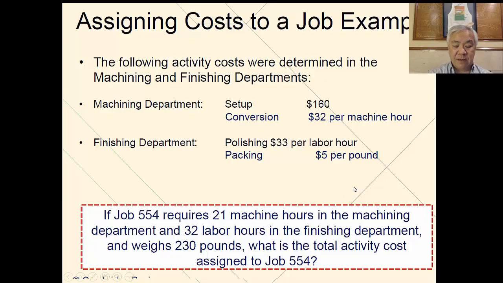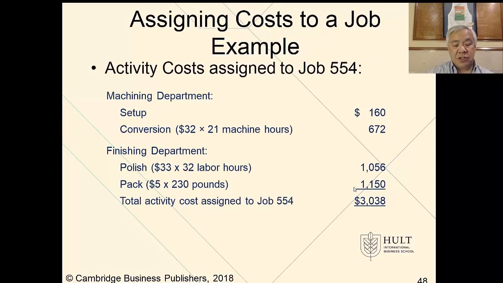And so on the bottom here, we have the further example of a job 554 with 21 machine hours and 32 labor hours for finishing, and the weight of 230 pounds. What would be the activity-based cost assigned to that job? And so in this case, the machining would charge a setup one time per run of 160.